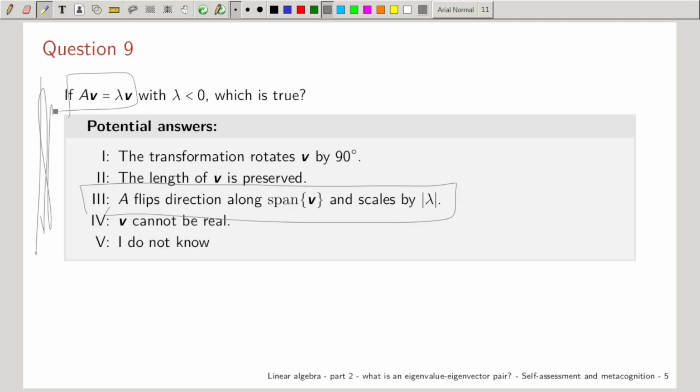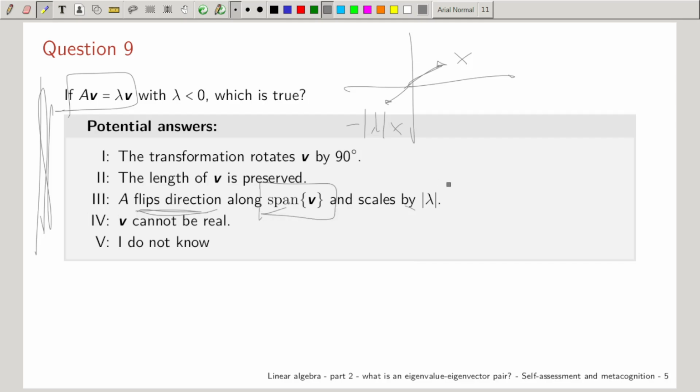If I have this stuff here, it means that I've got a certain v for which, starting from this x, I go into minus modulus of lambda x. True? That is flipping along this, but there's also the scaling.